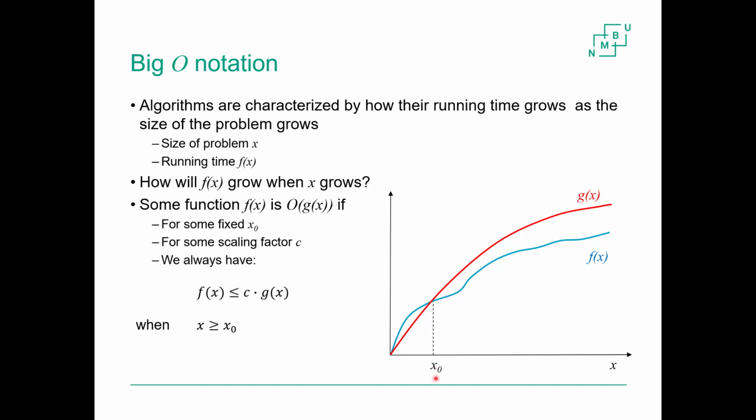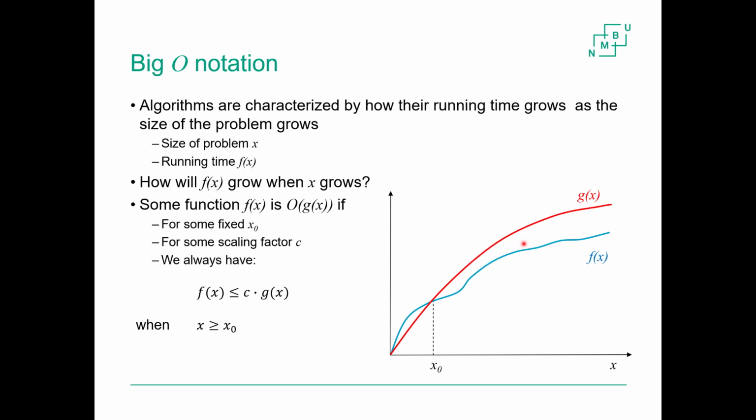Because there is a threshold here, x0. And if we go for x's larger than this, on the right-hand side of this x0, we can see that the blue curve is always smaller than or equal to the red curve. It's limited by this g(x) function, we say. So it's not exactly the same.